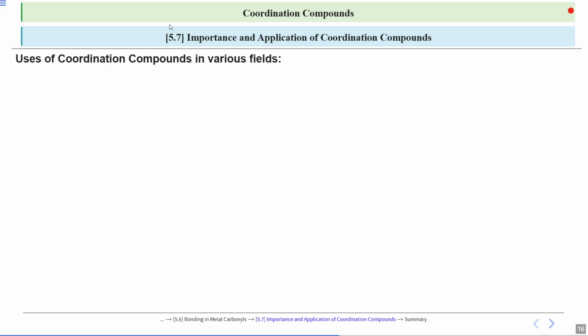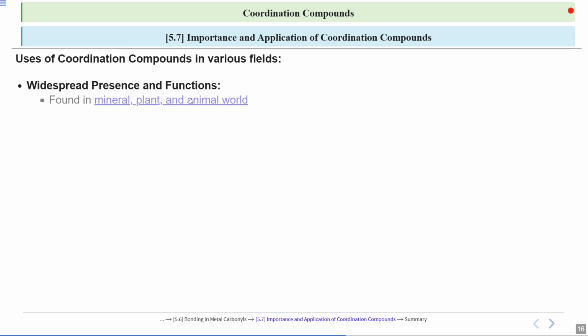Okay, let's move to our next section, that is 5.7, importance and application of coordination compounds. So let's see the uses of coordination compounds in the various fields. Widespread presence and functions. There are so many presence and functions of coordination compounds in various fields.